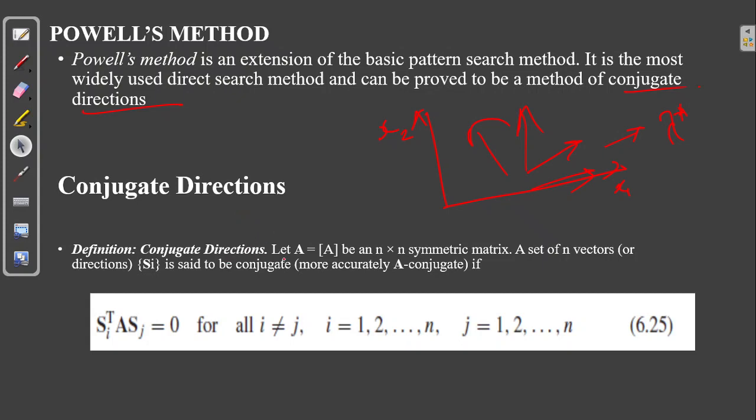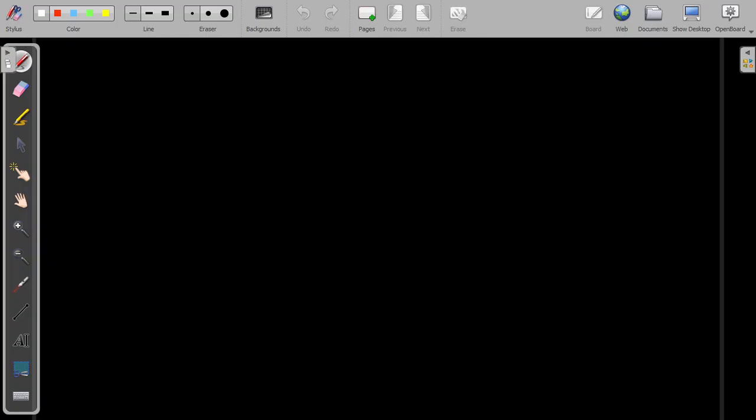The definition is that A is a matrix of order n by n, and it is a symmetric matrix. We are considering a matrix A having order n by n.